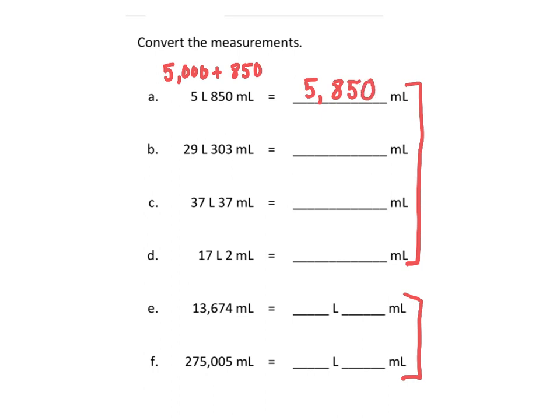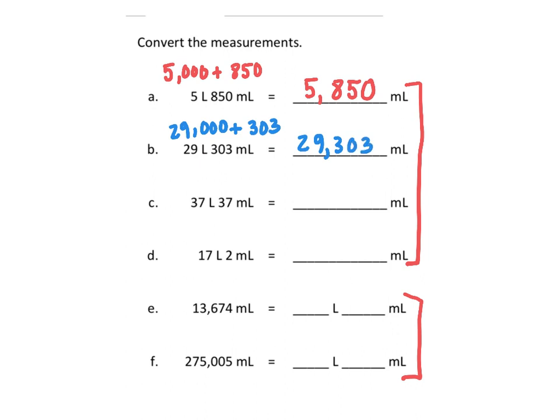And we're going to get 5,850 milliliters. Letter B, 29 liters and 303 milliliters. So I'm going to multiply by 1,000. And we get 29,000 plus the extra milliliters to bring us to a grand total of 29,303 milliliters.